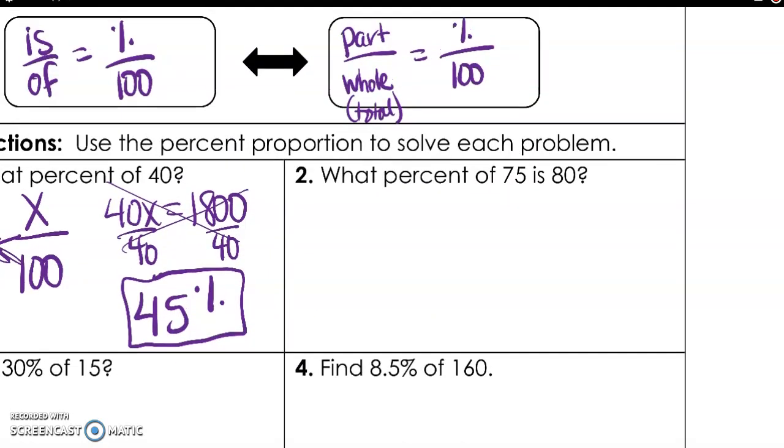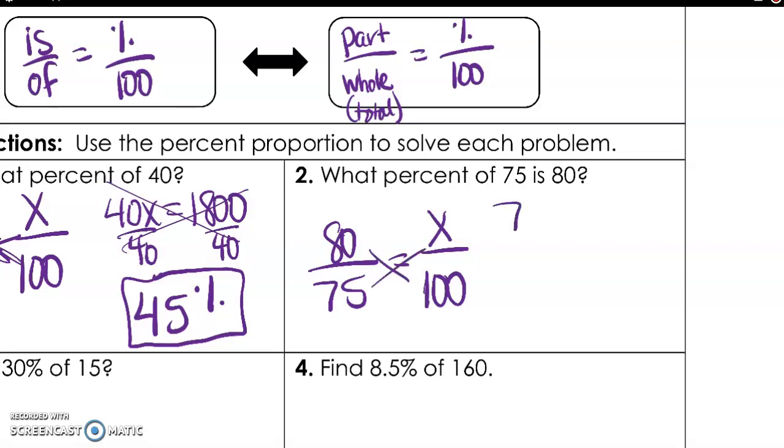So number 2 is the same. 80 is what percent of 75? So 75 is the of, and 80 is the is. We're finding the percent out of 100. Now this seems a little bit weird, but when you cross multiply, you're going to get 75x equals 8,000. When you divide, you are going to get a number over 100, since 80 is more than 75.